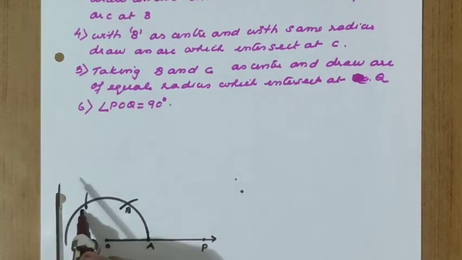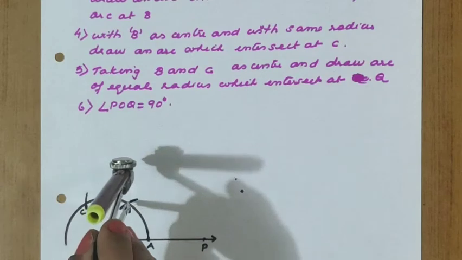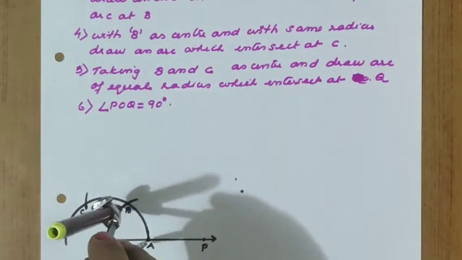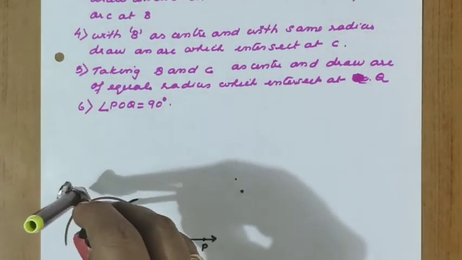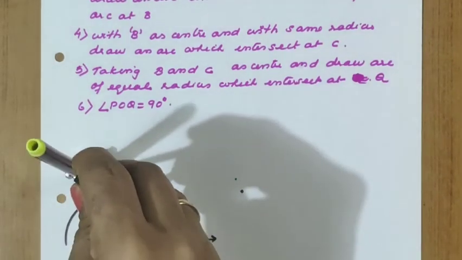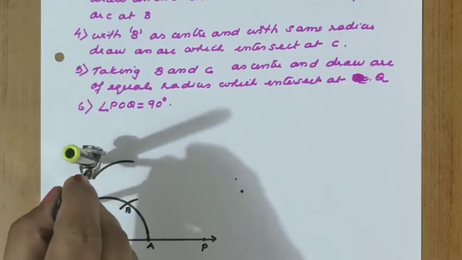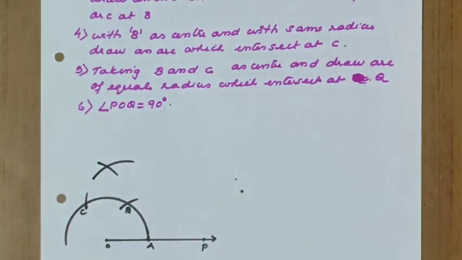So B and C. Now B and C as a center. First we had done A as a center, now B as a center, right? Correctly keep that one. B as a center, draw an arc with the same radius. Again one more arc.